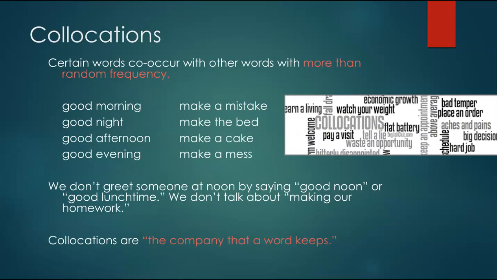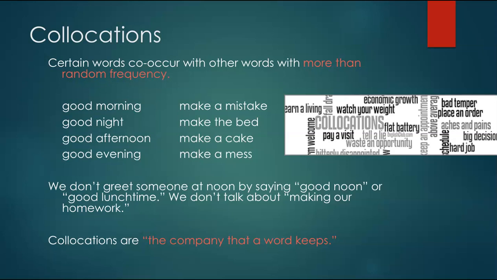Now, you had a video in a previous unit about collocations, but there might still be some misunderstanding about what these are. So there are certain words that co-occur with other words with more than random frequency. So words that kind of go together in English. So the word good, we would frequently hear good morning, good night, good afternoon, good evening, but we don't greet someone at noon by saying good noon or good lunchtime.